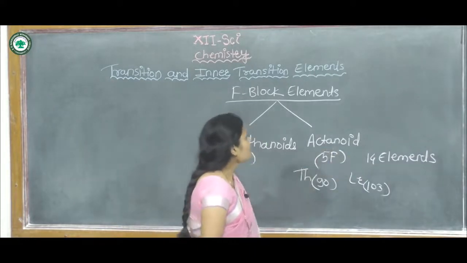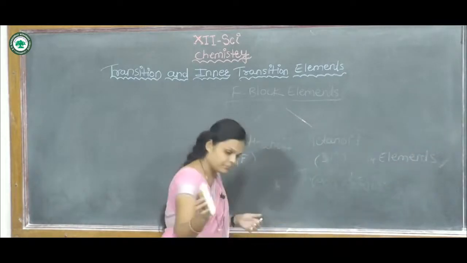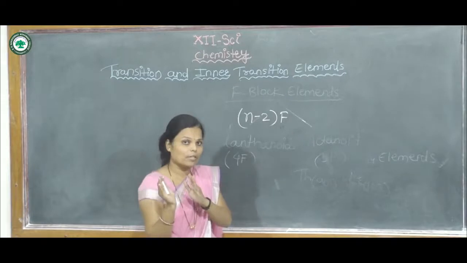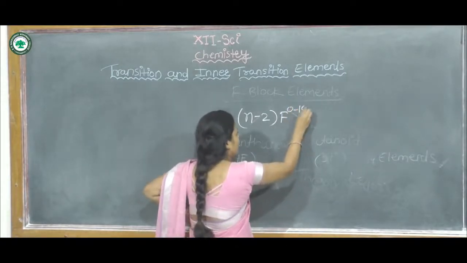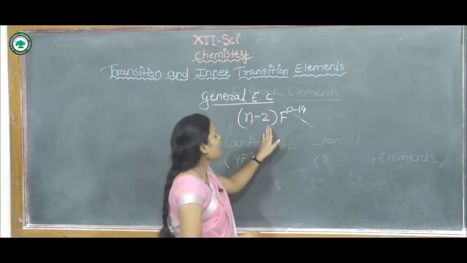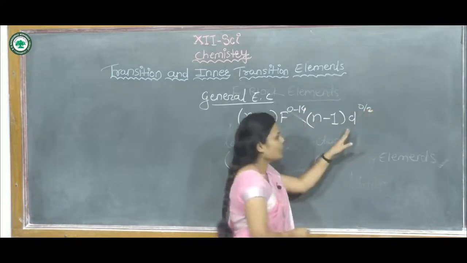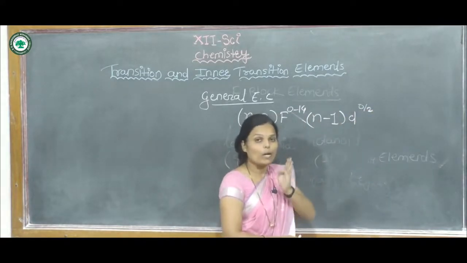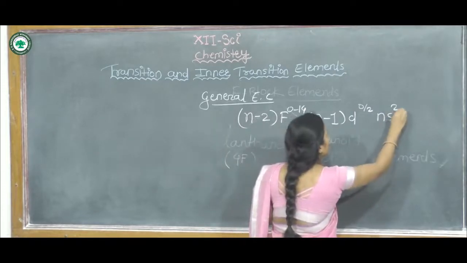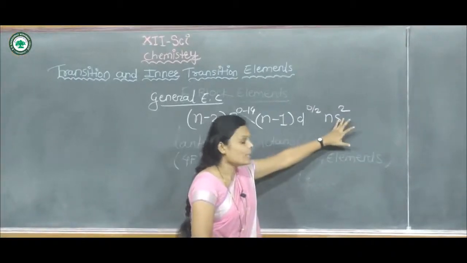Now the general electronic configuration of the actinide series is (n-2)f 0 to 14, where 0 to 14 electrons are present in the f orbital, then (n-1)d 0 or 1 or 2, meaning 1 or 2 electrons are present in that d orbital, and the last one is ns2, meaning 2 electrons are present in the s orbital.